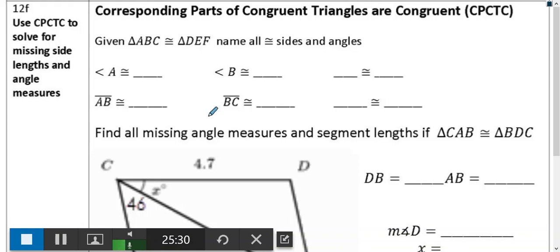Okay, given, our first example here is given triangle ABC is congruent to triangle DEF. Name all the sides and angles. Remember, this was easiest to do when we started highlighting things.